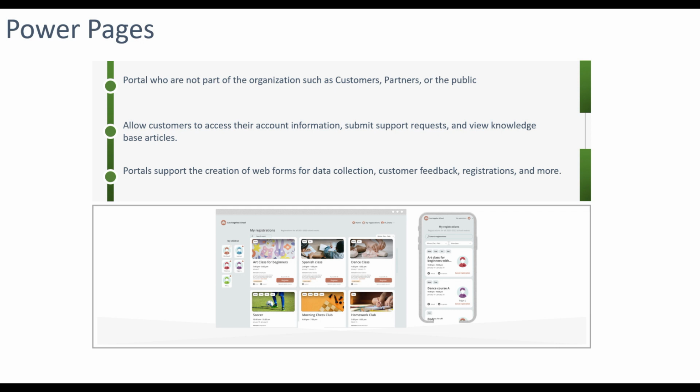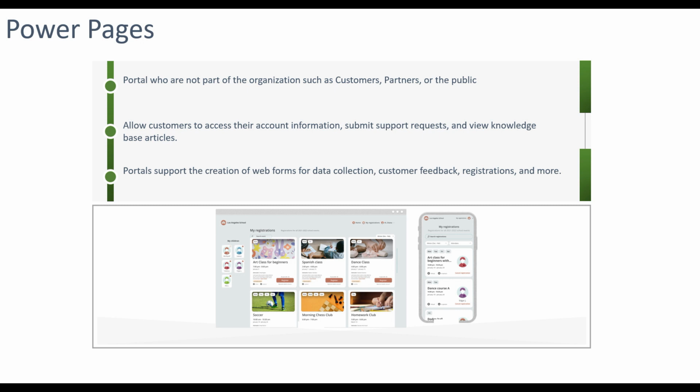There are a lot of portal types available, like a customer self-service portal or a partner portal. You can create an employee portal, providing internal employees with self-service, some HR functionalities, and access to company policies and other resources. We have other examples such as event registration, community forums, vendor management, and appointment scheduling.